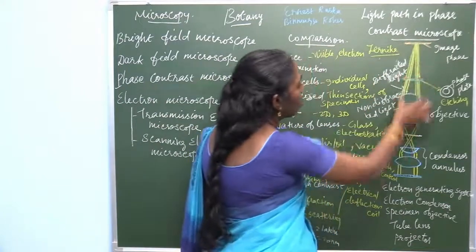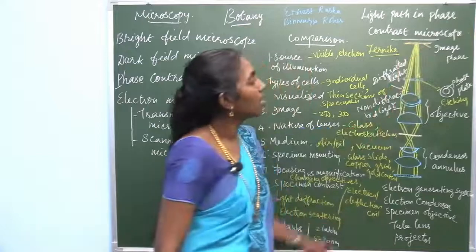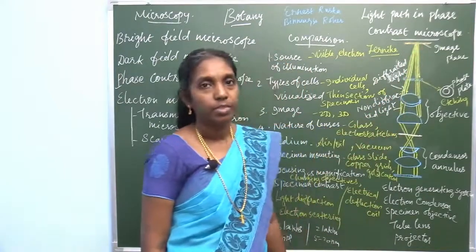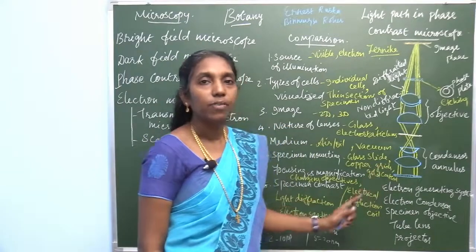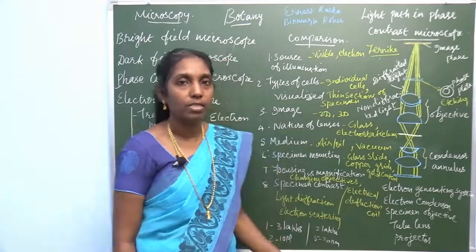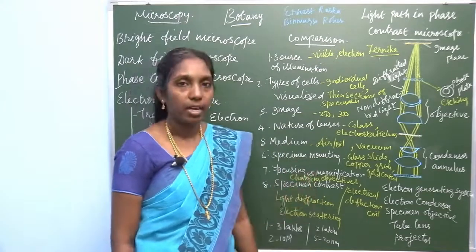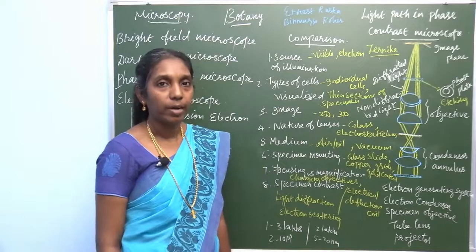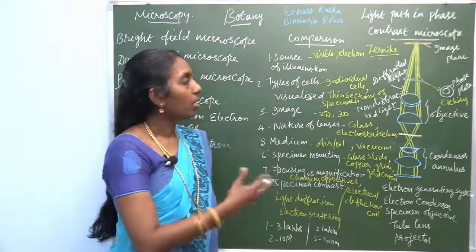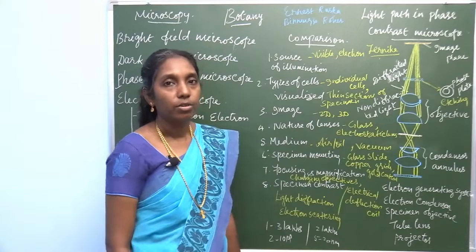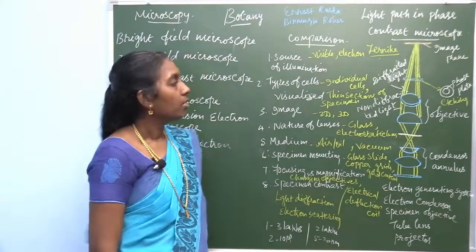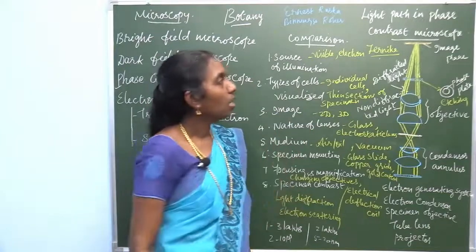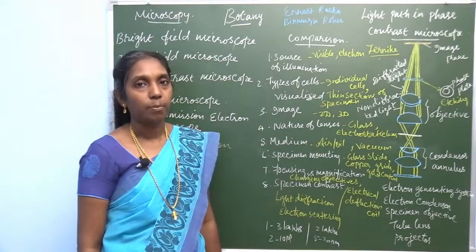There is a cone of light which visualizes the image in the image plane. This is the principle by which it works, and this phase contrast microscope is used to observe cells and tissues, and in vitro cultures at the stage of mitosis. These cells and tissues are visualized by this phase contrast microscope.